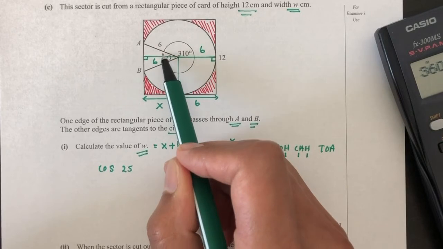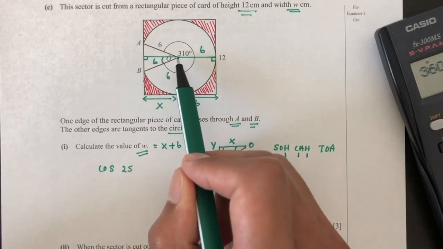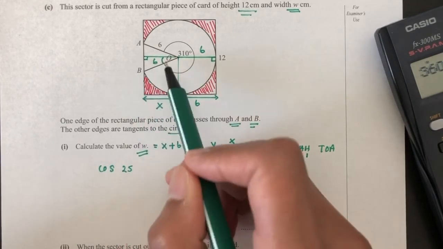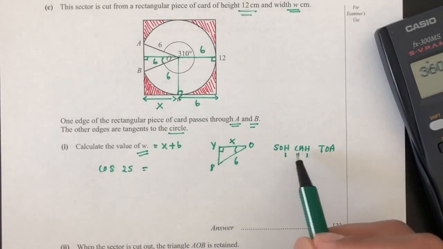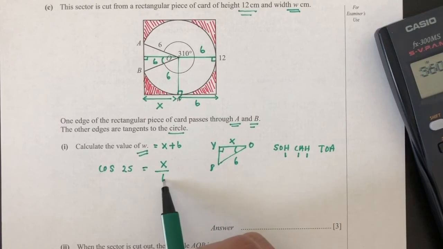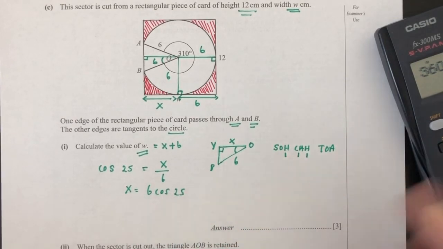So the remaining will be 50. Now it divides exactly in half because these two sides, 6 and 6, are the same. So this line will be cutting them in half exactly. That will be 25. That's why we have cos 25 equal to the adjacent side over the hypotenuse, which is x over 6. Now x will be 6 cos 25.